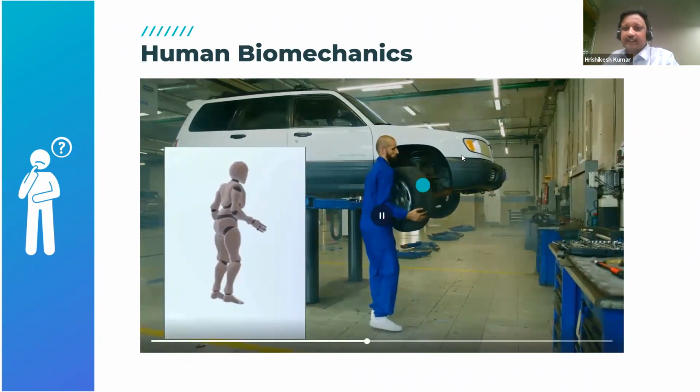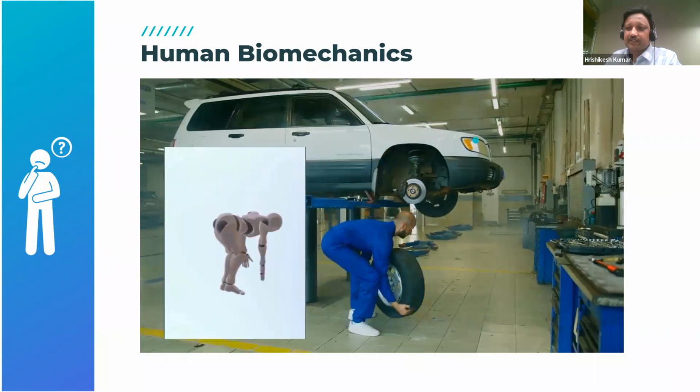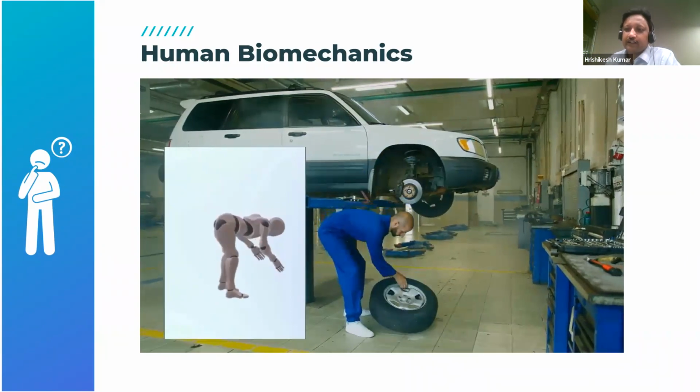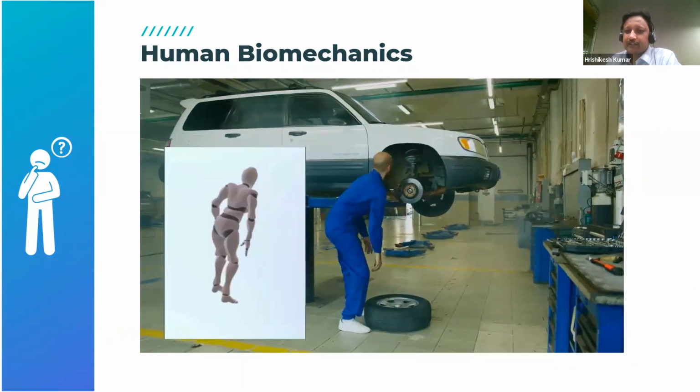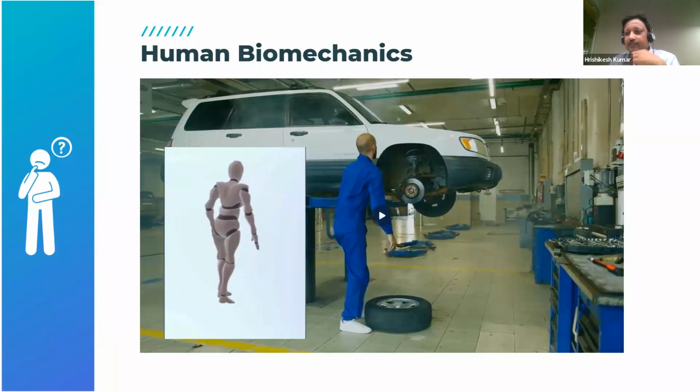So this is just one example of estimating a human body and different joints and body postures from a simple two-dimensional video to a three-dimensional, kind of augmented reality space. You are taking a two-dimensional video as an input, running your computer vision and deep learning related models.